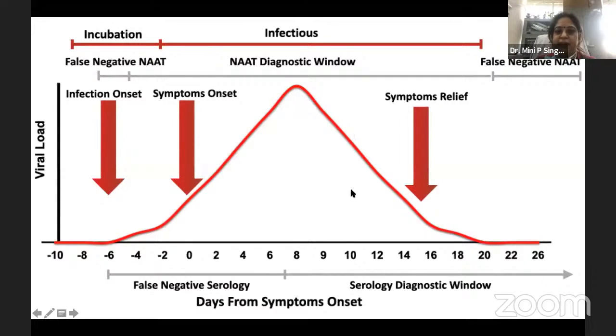On the other hand, the serological diagnostic tests, which means the classical antibody detection, tend to pick up only in the later part of the illness. So you have to be very sure which part of the clinical spectrum your patient is in. Is he in the early part of the disease, or the later part? And the testing has to be advised accordingly.